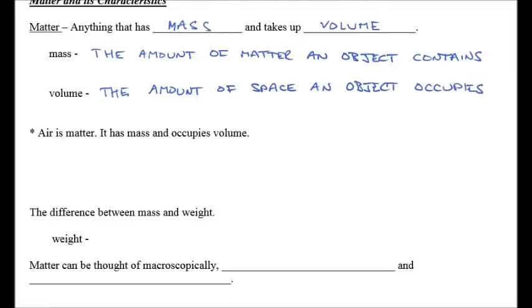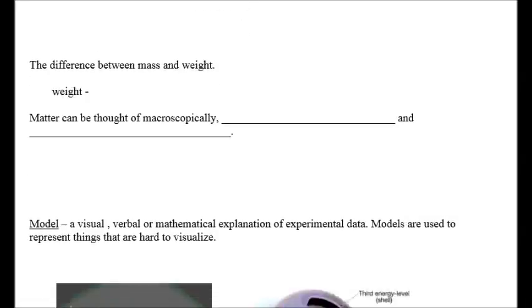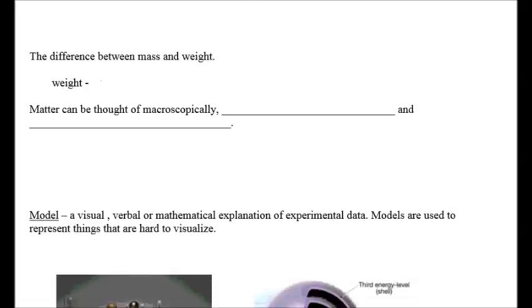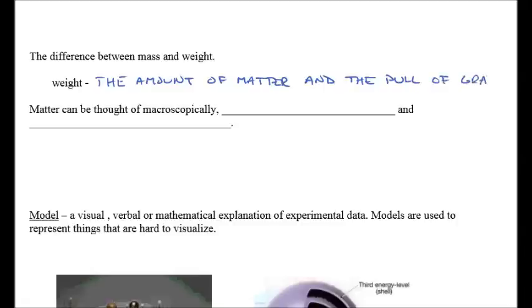The difference between mass and weight is that weight is the amount of matter and the pull of gravity on that matter.